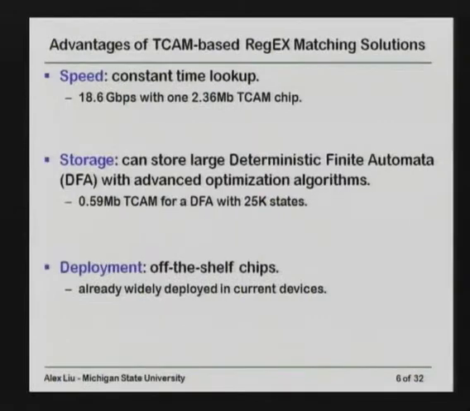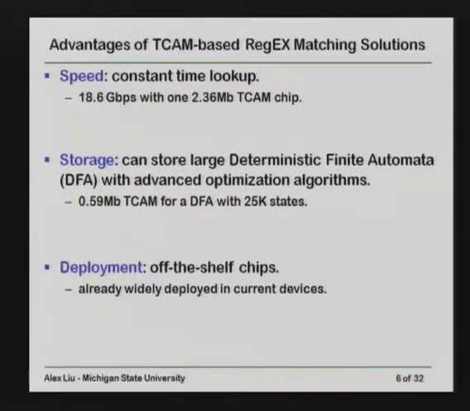Okay. So there are 3 main advantages of TCAM-based regular expression matching solutions. One is speed. It is a constant time lookup, no matter how many entries you have. For example, in our experiments, we use a 2.36 megabit TCAM chip, and we can achieve a maximum of 18.6 gigabits per second. And storage is also an advantage. TCAMs are capable of storing large deterministic finite automata.